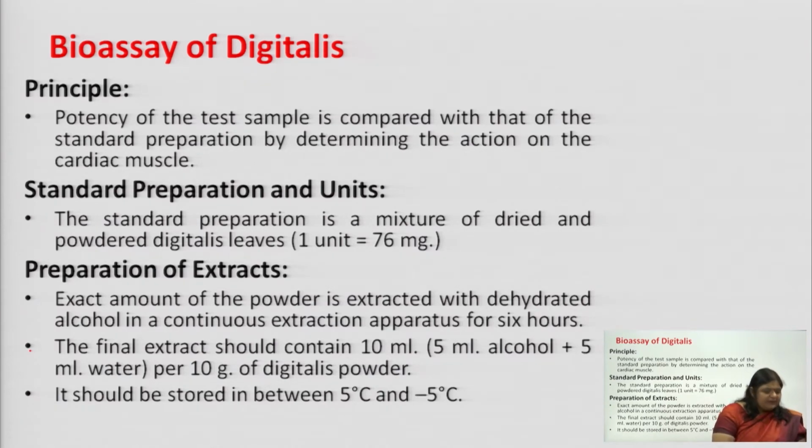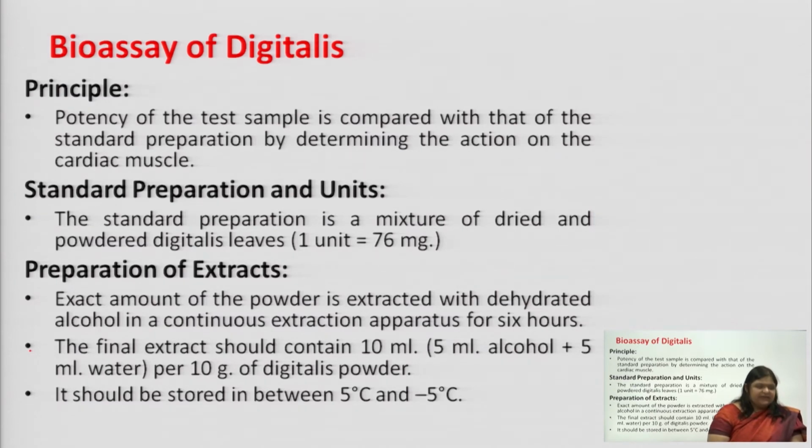So, the principle is that the potency of the test sample is compared with that of the standard preparation by determining the action on the cardiac muscle. Now, what are the standard preparations? The standard preparation is a mixture of dried and powdered digitalis leaf. One unit contains 76 milligram of the sample.